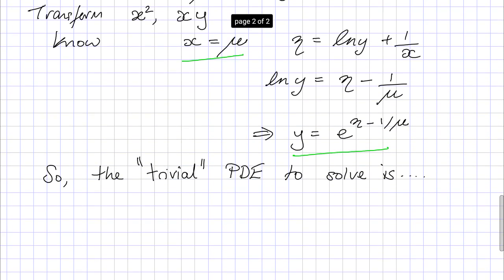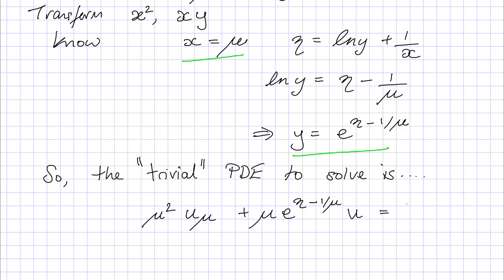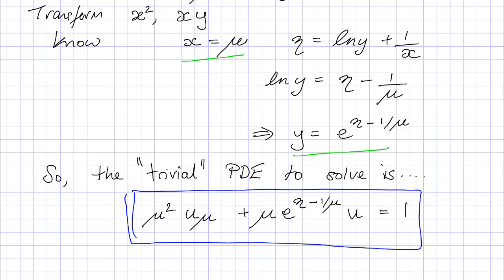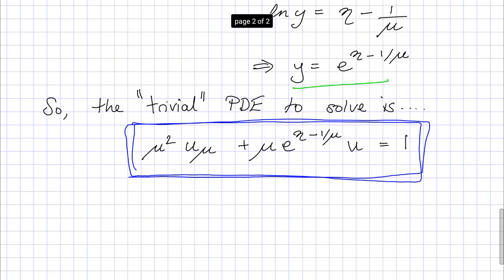Well, x squared is just going to be mu squared du by d mu, and then we've got xy, so x is mu and y is e to the eta minus 1 over mu. That's multiplying u, and this is equal to 1. And that's the trivial PDE, which we should now solve if we want the general solution of the PDE that we started with. Now, we're not going to do that here.